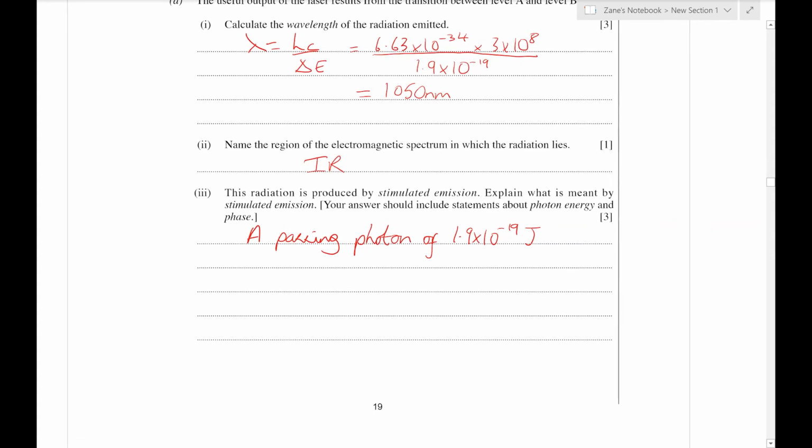What it will do is it will cause our electron that's in level A to drop down to level B. And in so doing, a photon is emitted.